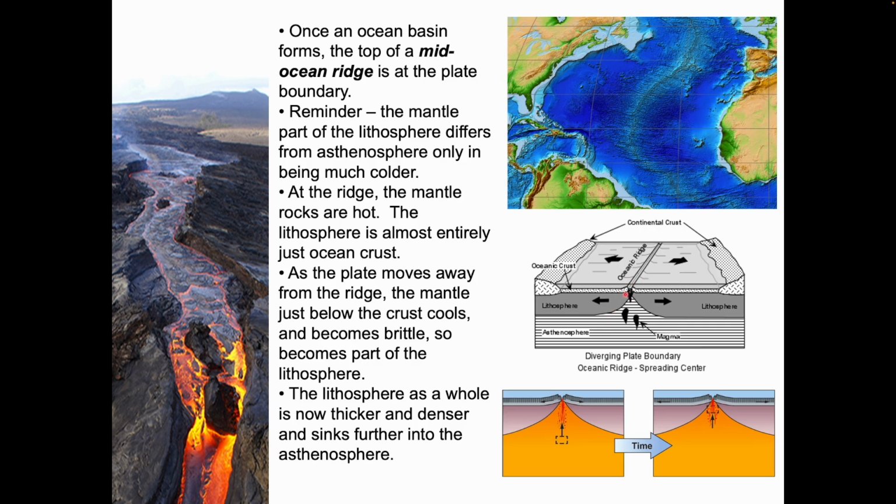So your lithosphere and your oceanic crust are very, very thin, almost zero thickness here at your oceanic ridge. As the plate moves away from the ridge, the mantle cools and becomes brittle and becomes part of the lithosphere. As you move away from your mid-ocean ridge, the lithosphere is now thicker and denser and sinks down into the asthenosphere by isostatic equilibrium.